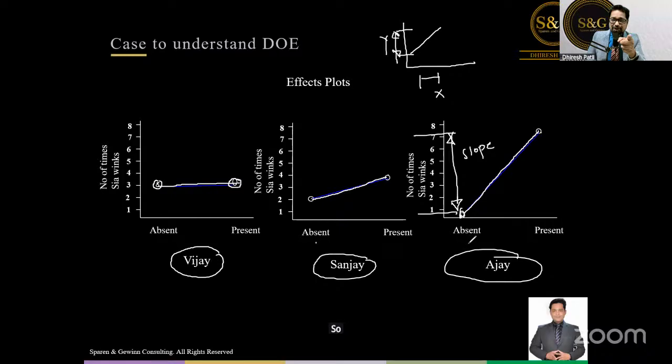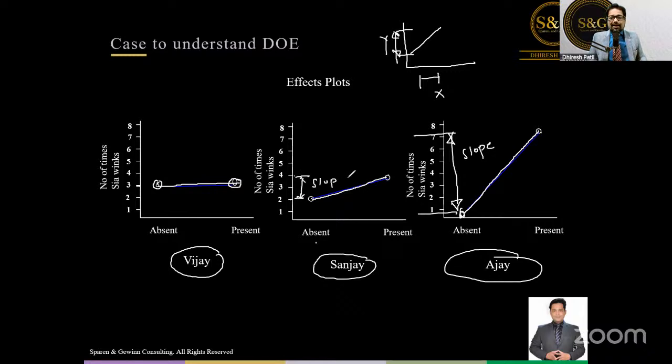So when Ajay goes from absent to present, Sia's smile goes from 0 to 7. So this entire range is called slope. Here the slope is literally 0, 3 minus 3. Here the slope is around 4 minus 2. So the slope is this much.